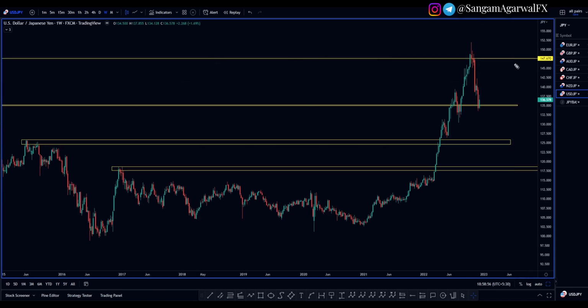Because this is the main pair of JPY, it has the US dollar, and the entire monetary system is based on the dollar, so we have more and more and more information about this pair compared to all of this.